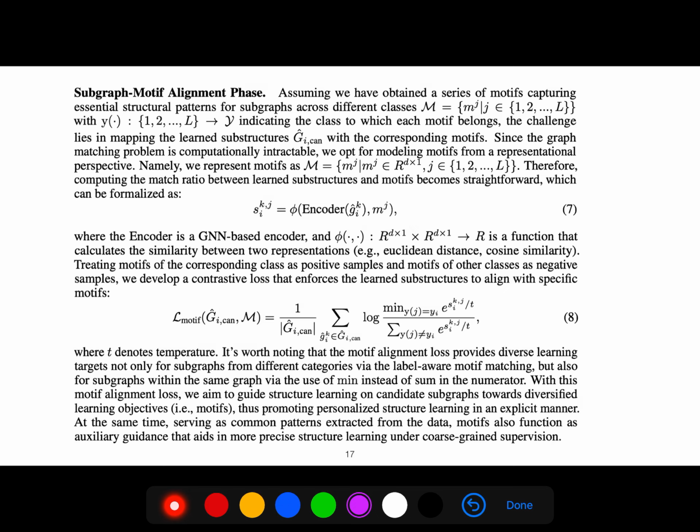So remember here, M i is just a motif. So the similarity between your encoder output and the motif, phi is the similarity, and then you get this S. So you get this similarity.